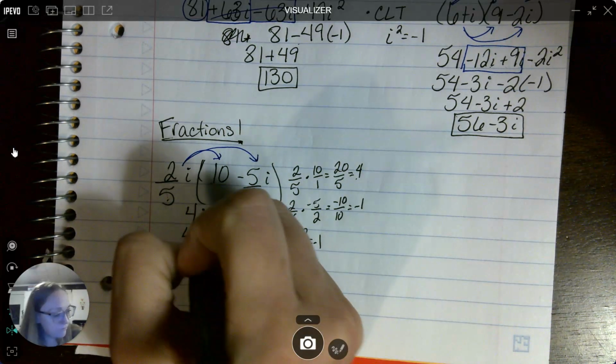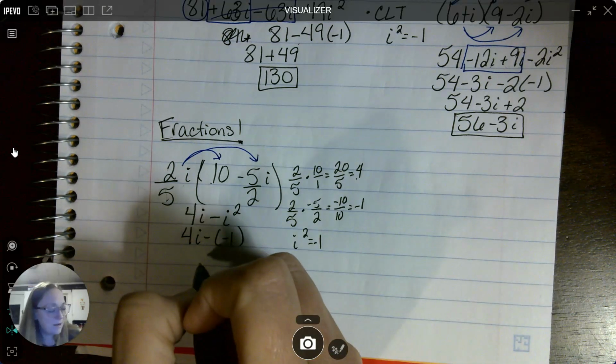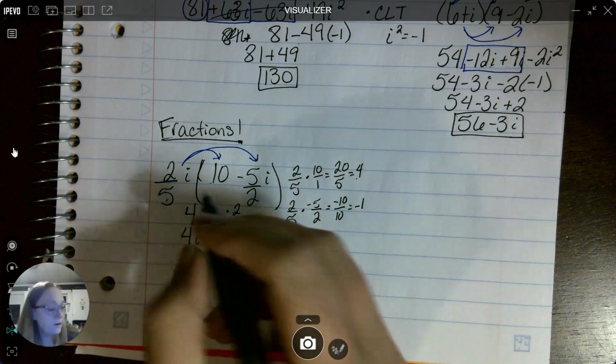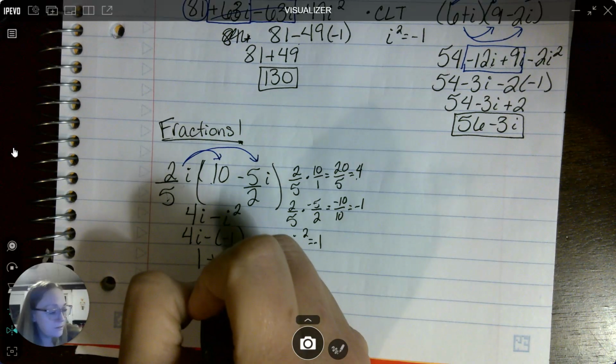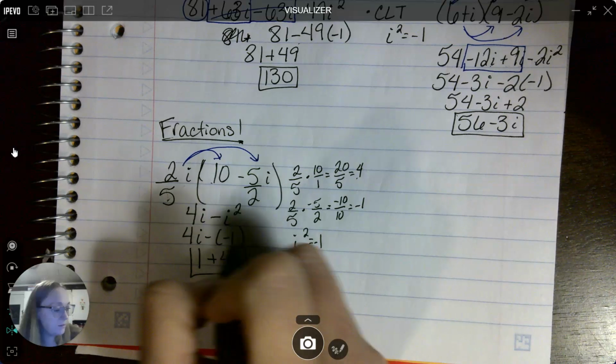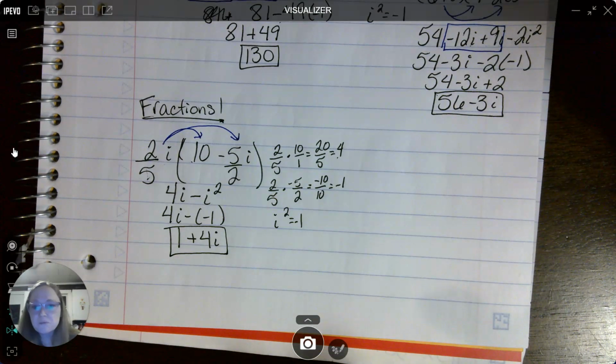So I can rewrite that, 4i minus a negative 1. We cannot combine those, but I am going to go ahead and flip it to that complex form where I put my 1 in front and my 4i, that variable term, in the back. Okay, so that wasn't too bad.